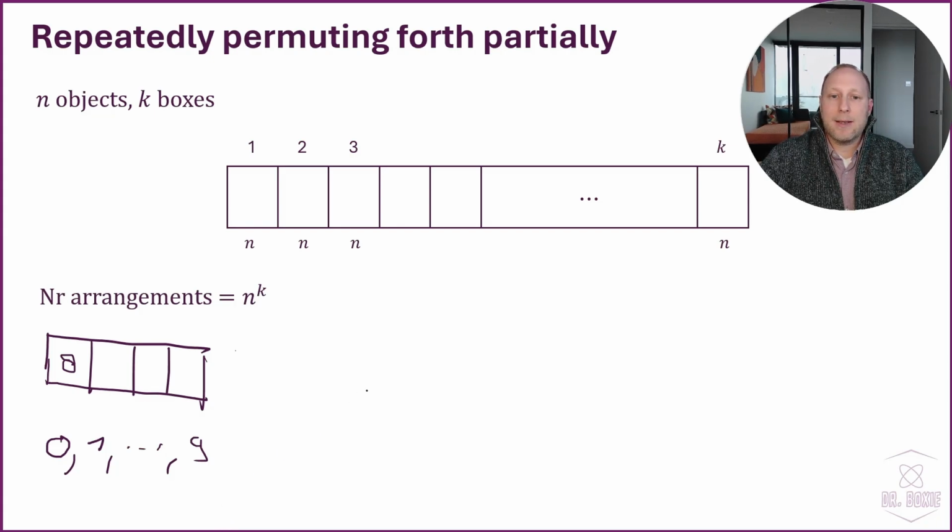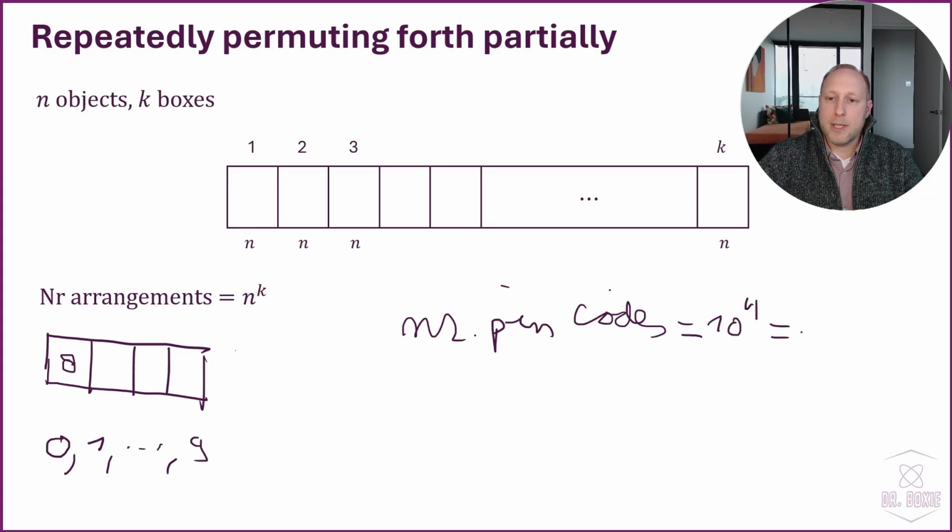In other words, it's n to the power k. So for the pin code example I gave, I need 4 numbers. Each of the numbers is any number between 0 and 9. In other words, there are 10 options. And so the number of possible pin codes you can create using 4 positions is 10 times 10 times 10 times 10. That is 10 to the 4th power, which is 10,000 possible codes.